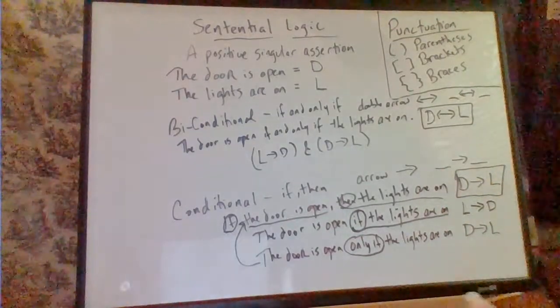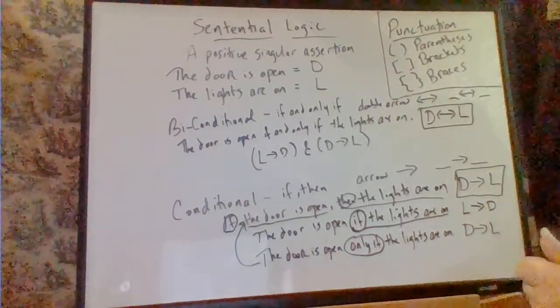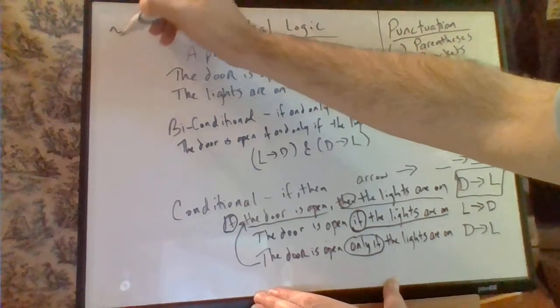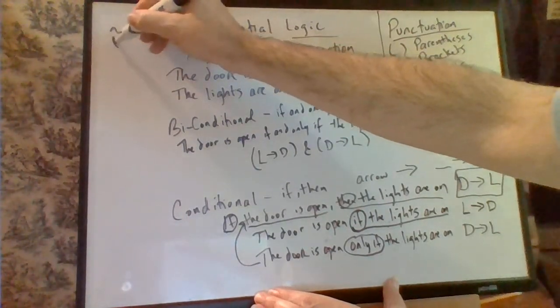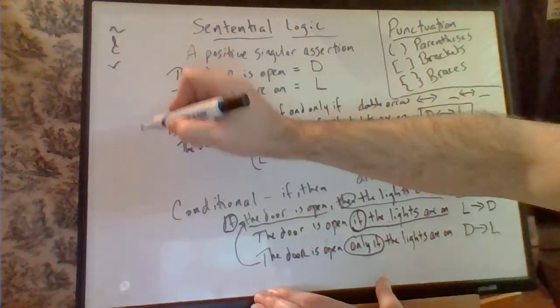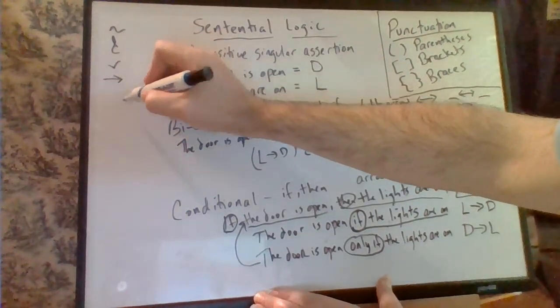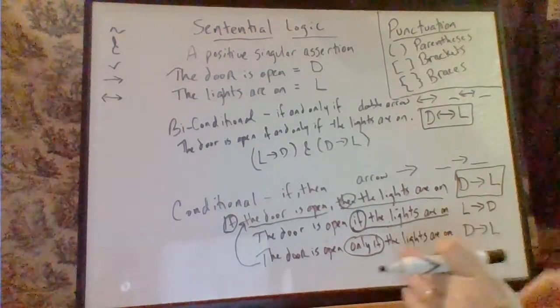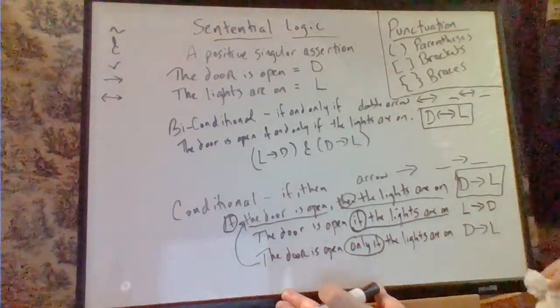Okay, so basically, again, you have the five symbols, which are the tilde for negation, the ampersand for conjunction, the wedge for disjunction, the arrow for conditional, and the double arrow for biconditional. Those are the symbols that you would use.